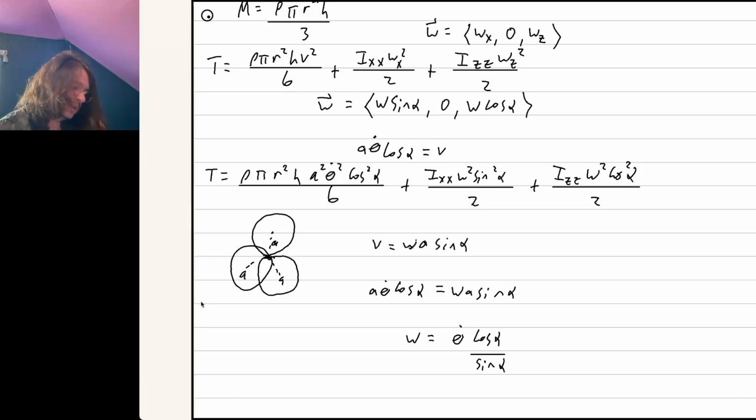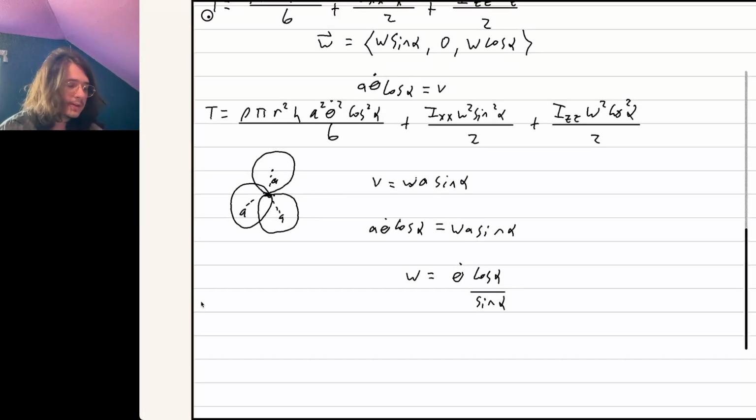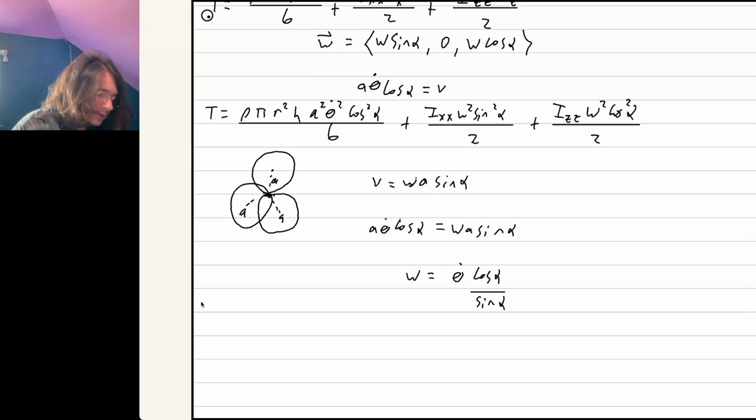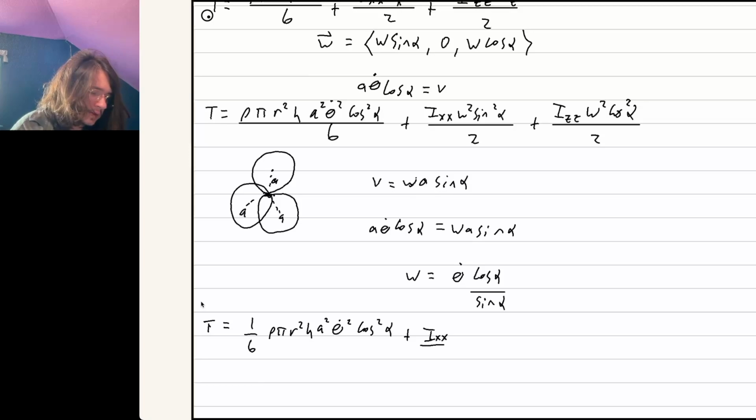And then I'm going to plug that into the kinetic energy again, just so we can see what that is going to look like. I'm going to move the 1/6 over here. Rho pi r squared h a squared theta dot squared cos squared alpha plus Ixx over 2.